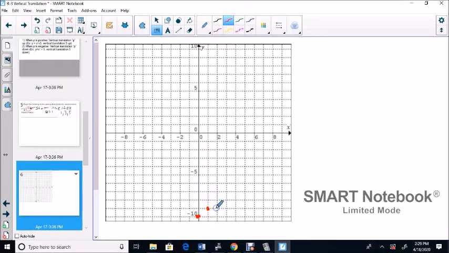Then over 1 and up 3, then over 1 and up 5. So 1, 3, 5, and 7 is next. We can actually graph another one because we started so low. Go over 1, up 7, and we put a dot here.